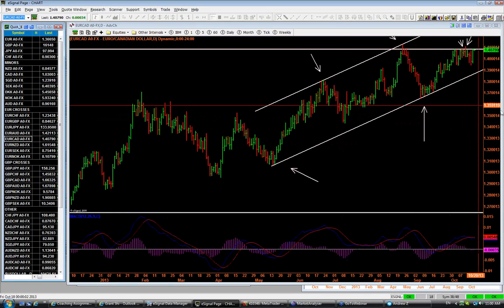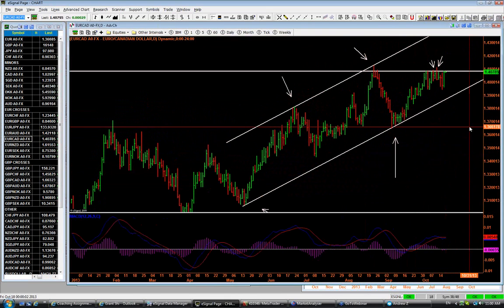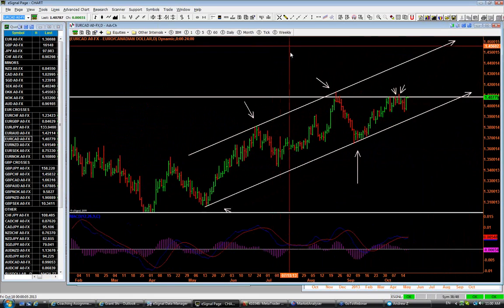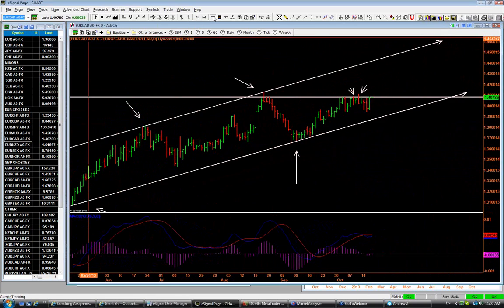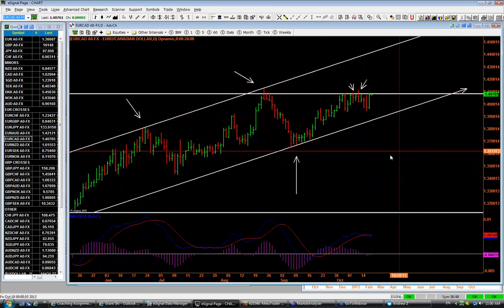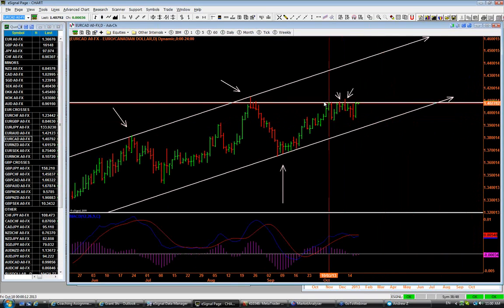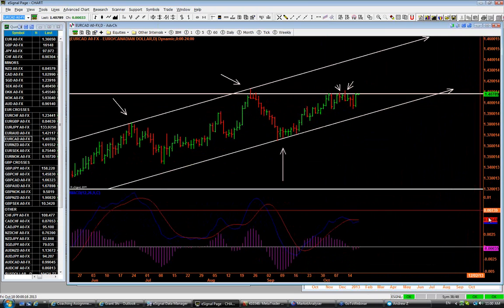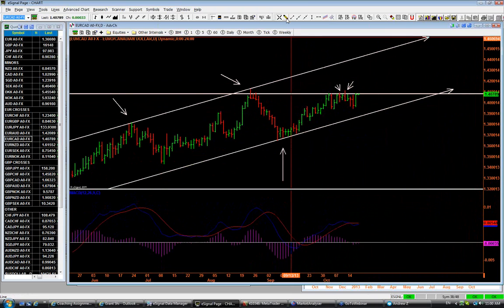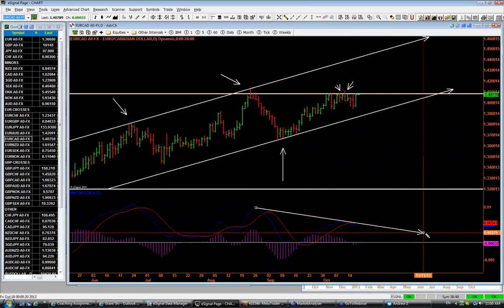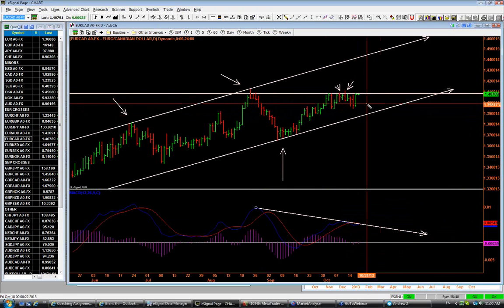This one. I showed this one before, but it was stopped out yesterday. Look at the top. Divergence here.